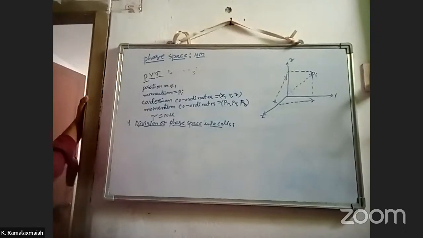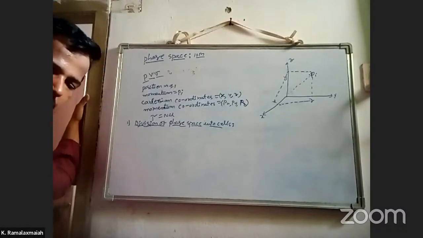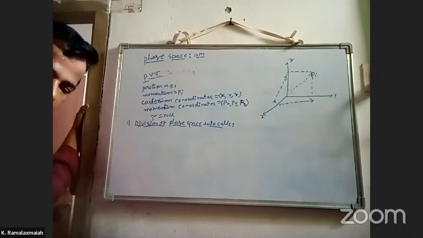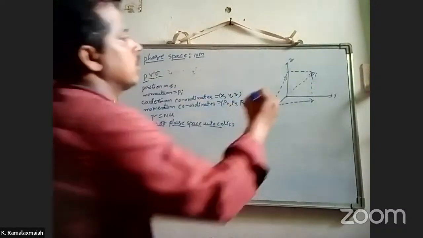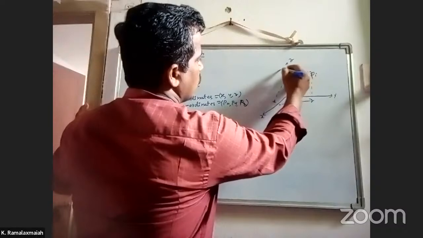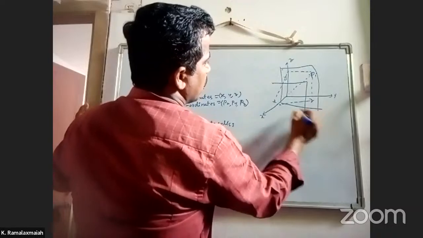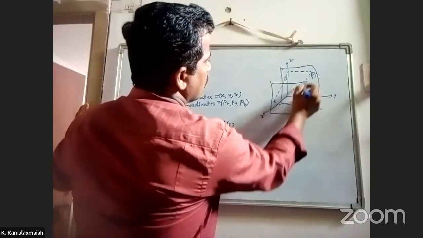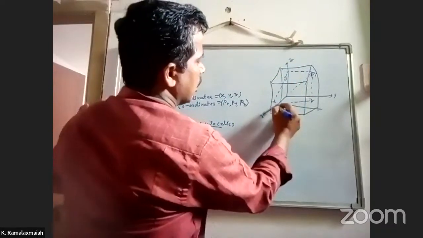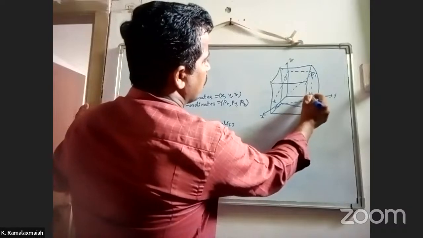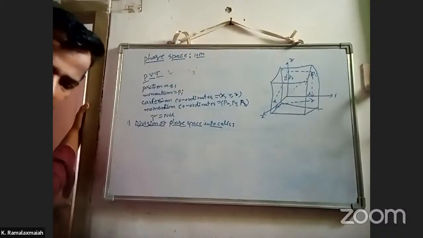the uncertainty principle. The space is divided into six-dimensional cells with sides dx, dy, and dz. That is also six-dimensional phase space.